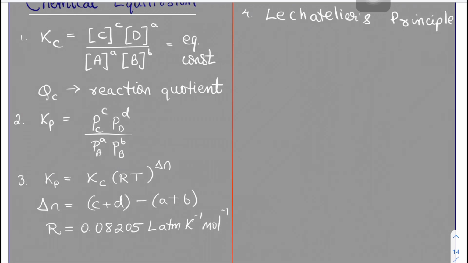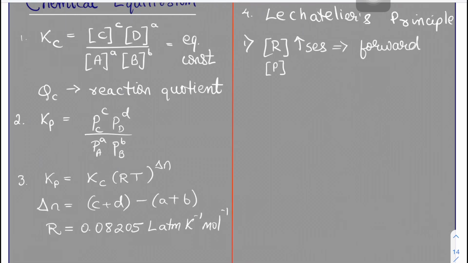We'll be having, first, the effect of concentration. Say if the concentration of reactant increases, the reaction moves in the forward direction. If the concentration of product increases, the reaction moves in the backward direction, and vice versa.